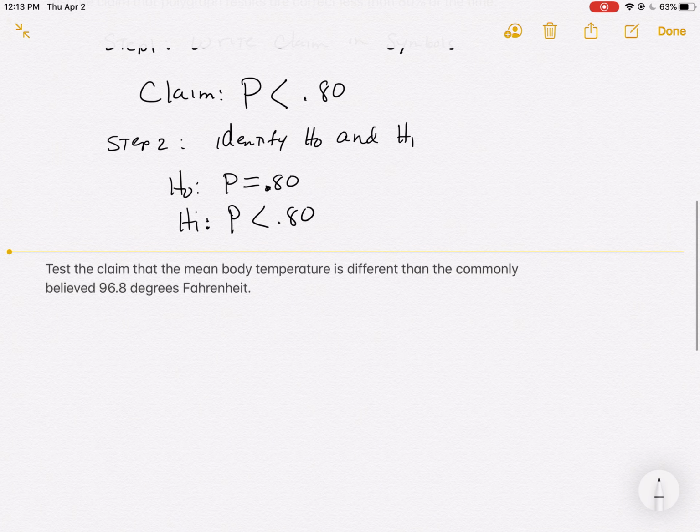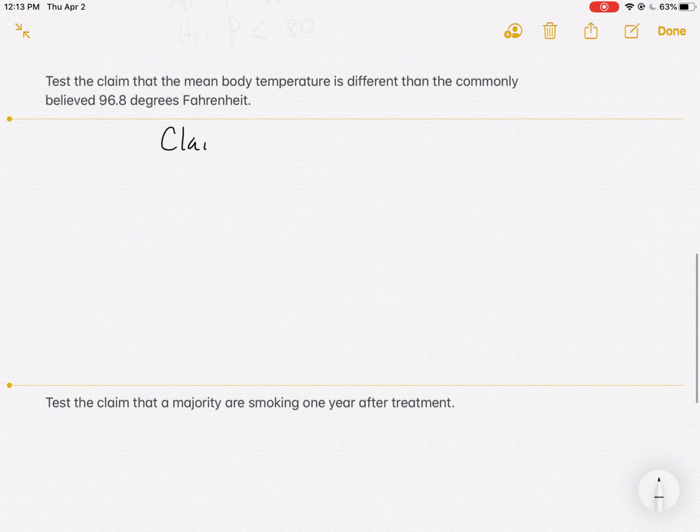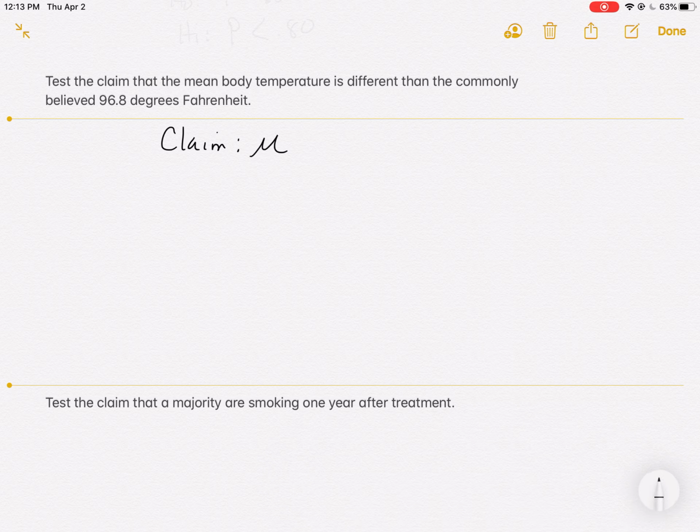So what's the next one? This is coming from an 8.3 setting. Test the claim that the mean body temperature is different than the commonly believed 96.8. So claim. I claim that the mean body temperature, that's a claim about the mean, is different than 98.6.